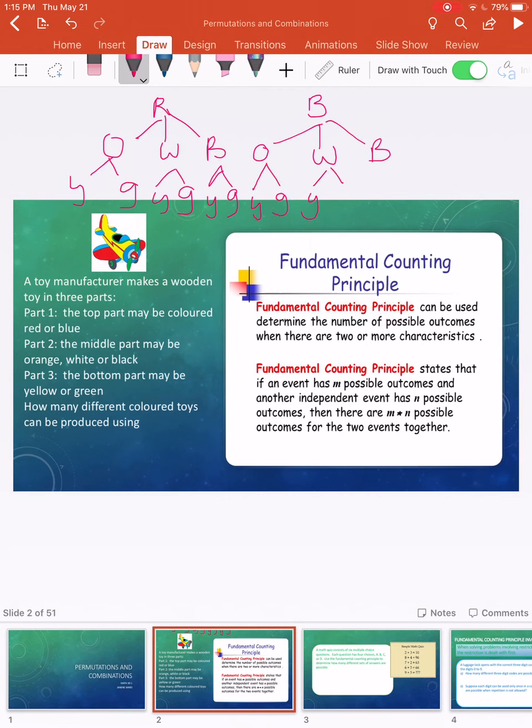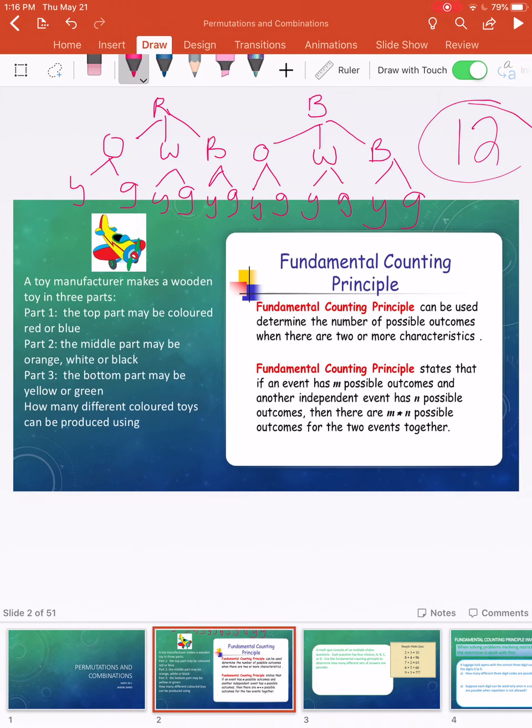Now if you were to count all the different options we have on the last row here, that would tell you the total possibilities. 1, 2, 3, 4, 5, 6, 7, 8, 9, 10, 11, 12. So we have 12 different possible toys that we can make at this toy manufacturer.